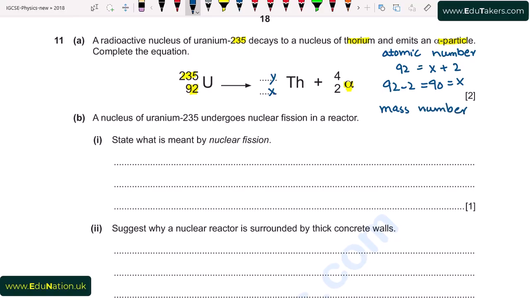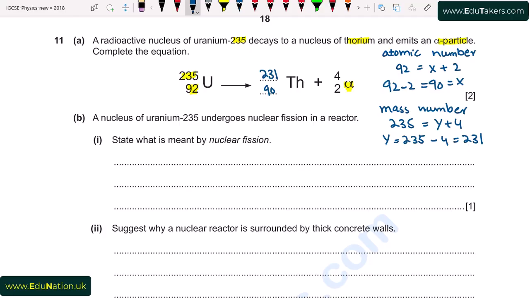On the left hand side of the arrow there is 235. It will be equal to Y plus 4. So Y comes to be 235 minus 4, which is equal to 231. So I write here the values of X and Y, that is atomic number 90 and mass number 231.